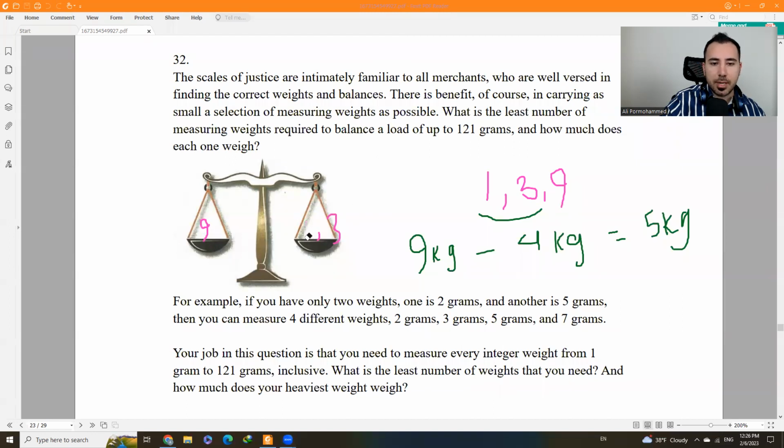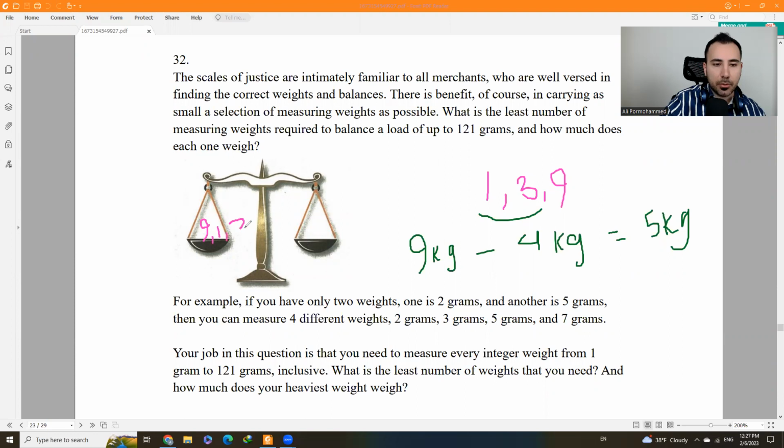You want 6 kilograms? These two. You want 7 kilograms, you put 9 here, 1 here, 3 here. You want 8 kilograms, 9 here. So you get the idea, right? What happens if we put all the 3 weights that we have, 1, 9, and 3?